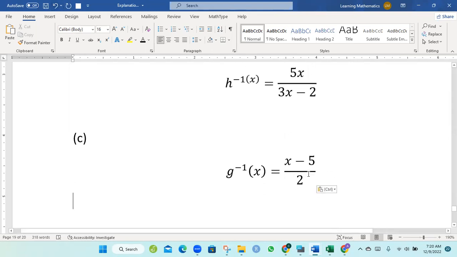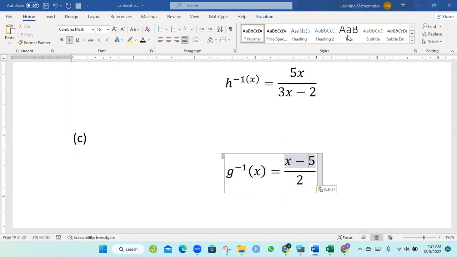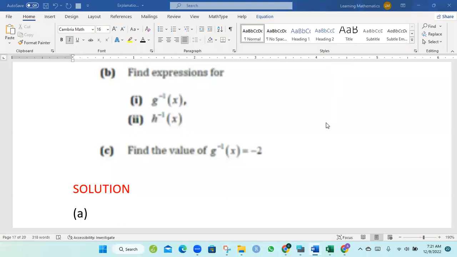And the question said g inverse of x is also equal to negative 2. Let's verify. Right, so g inverse of x is equal to negative 2.